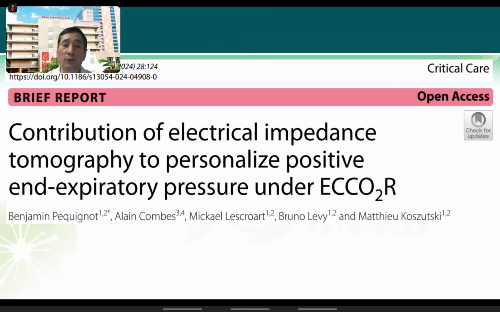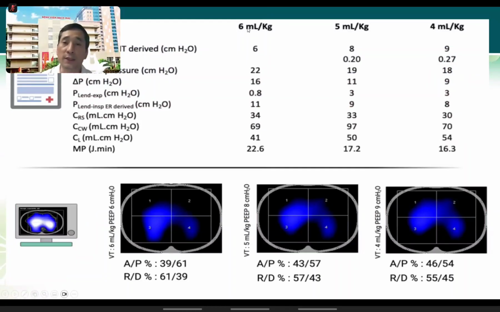And recently, when we have more high technology like electrical impedance tomography, you can even personalize the ECCO2R therapy, like in this case. For example, starting with 6 cc per kilogram, going to 4 cc per kilogram, you don't know what happened in the lungs, because when you go down in the VT, of course, the lung will collapse.